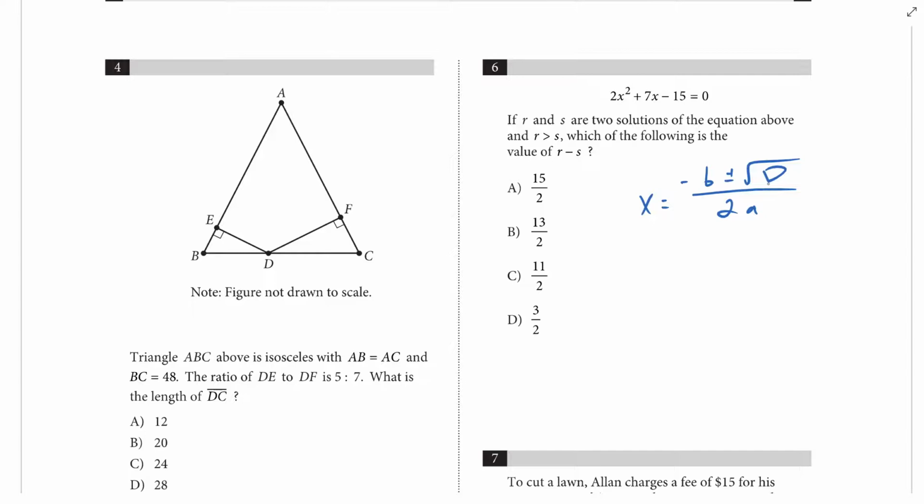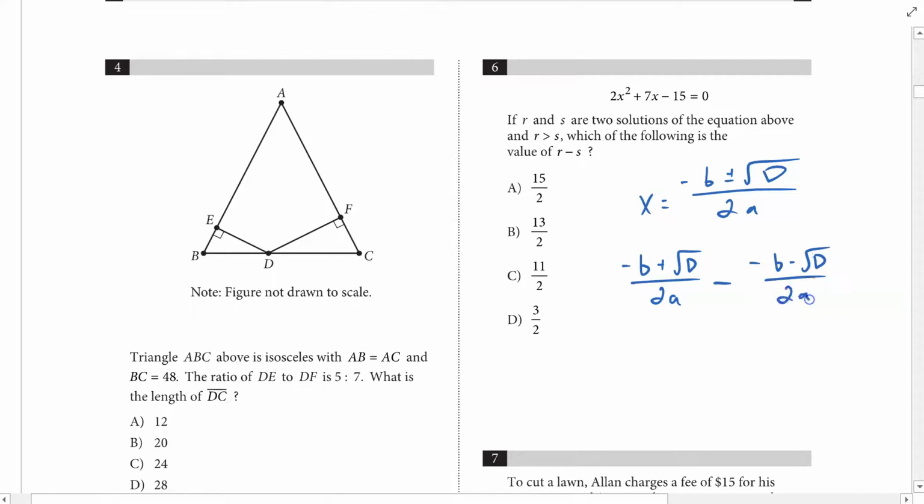If you look at number 6, it asks which of the following is r minus s. They didn't come out and say, hey, please solve this equation. They're saying, what is the value of r minus s, where r and s are the solutions? Now, if you've spent much time in your Algebra 2 class, you know that when you subtract the individual solutions to the quadratic equation, because they already have the same denominator, we can combine like terms.